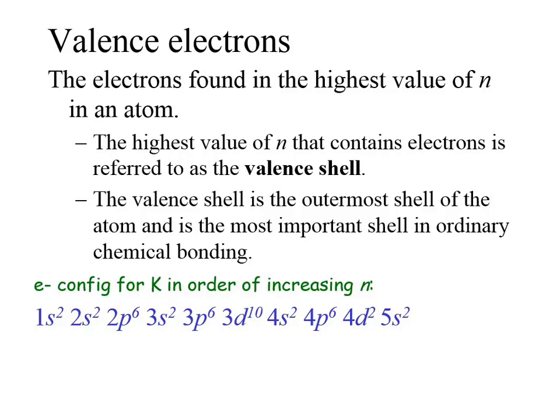Now, if you find potassium, that's not right. Is it 19? Yeah. This is strontium. What is going on here? My slides? Let's add up. That's not 19. How many electrons do we got there? That's neon, that's 10.